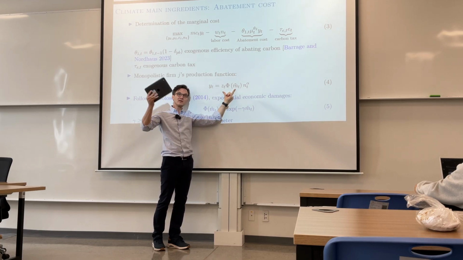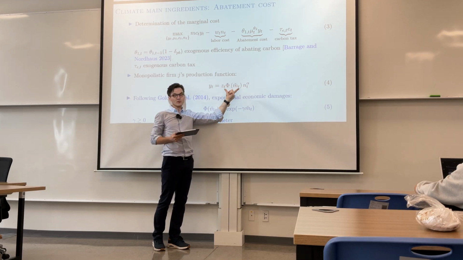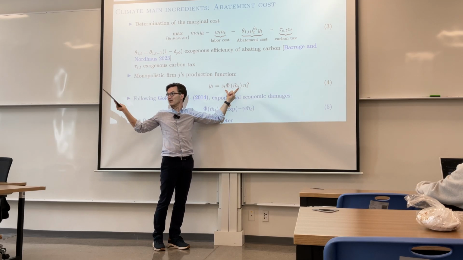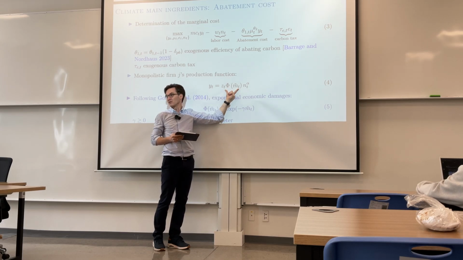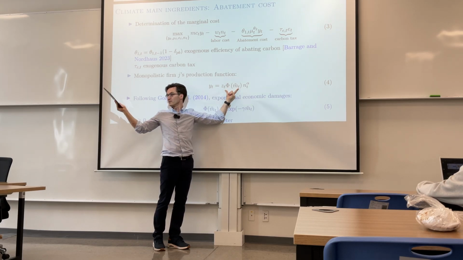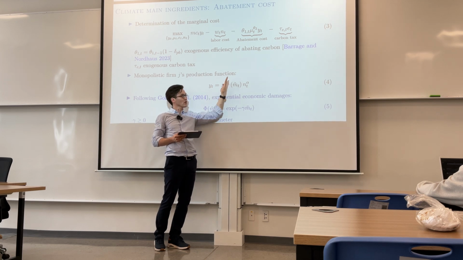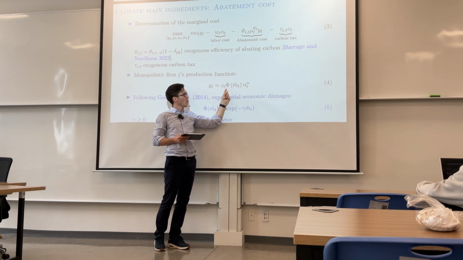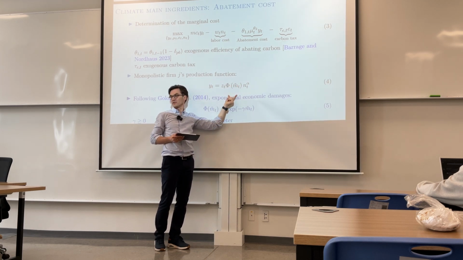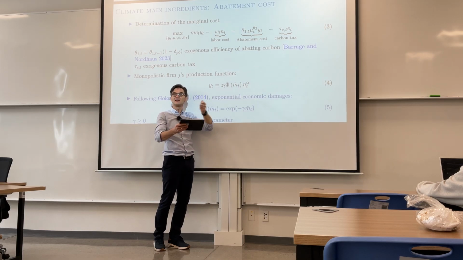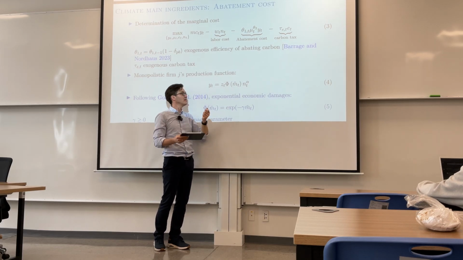The more carbon that is in the atmosphere, the less productive firms are going to be. Meaning that if it's super hot outside, your work is going to be less productive. If there are more rainstorms, more droughts and flooding, it's going to reduce the effective productivity of the production process. So the higher the stock of carbon in the atmosphere, the lower will be this part of the production function. That is the two-way interaction, right?